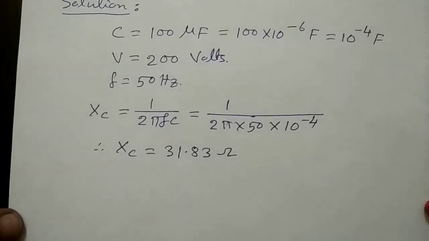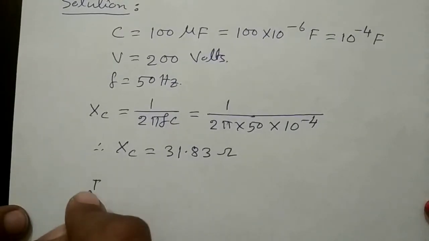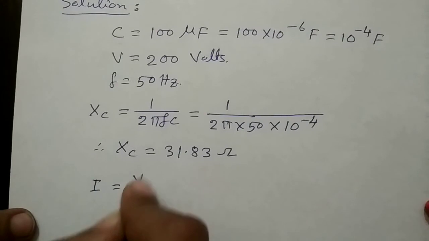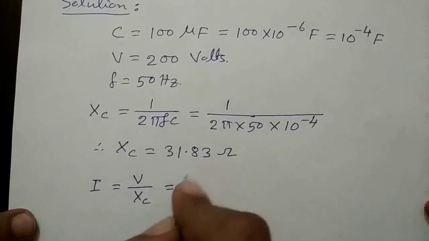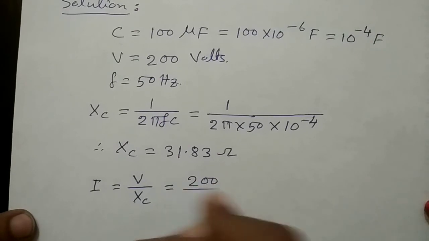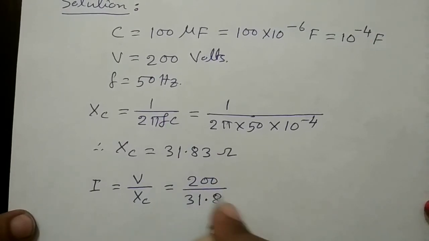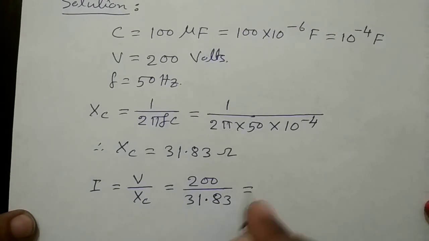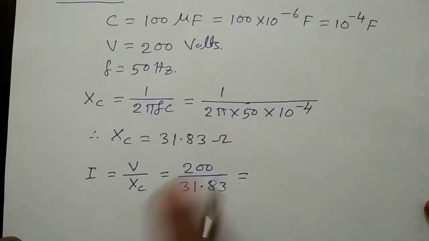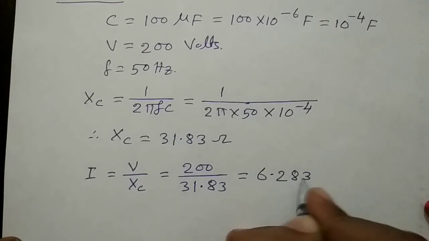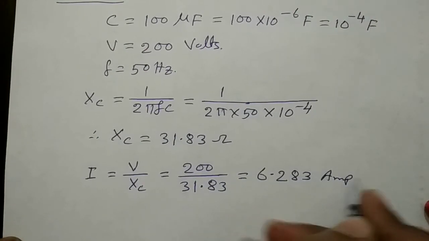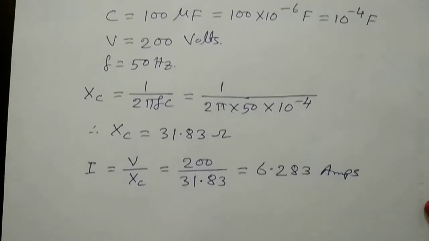For a capacitive circuit, the current is represented as V upon Xc. Here V is 200 and Xc we have calculated as 31.83 ohms. Therefore, the value of the current will be 6.283 ampere. So this is the RMS value of the current.